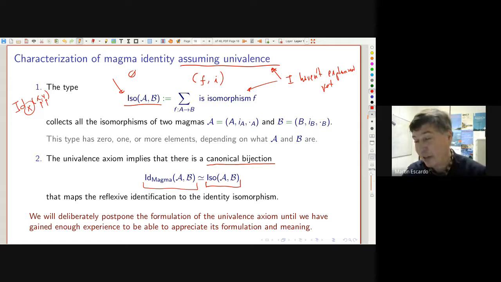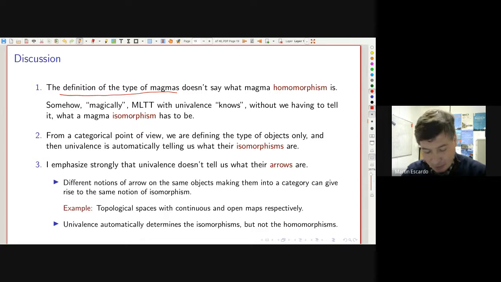I regard this as a kind of magic, because you define the type, you didn't say what a homomorphism was, but univalent type theory knows what an isomorphism should be automatically. So somehow magically, Martin-Löf type theory with univalence knows, without us having to tell it, what a magma isomorphism has to be for this theorem to be true.